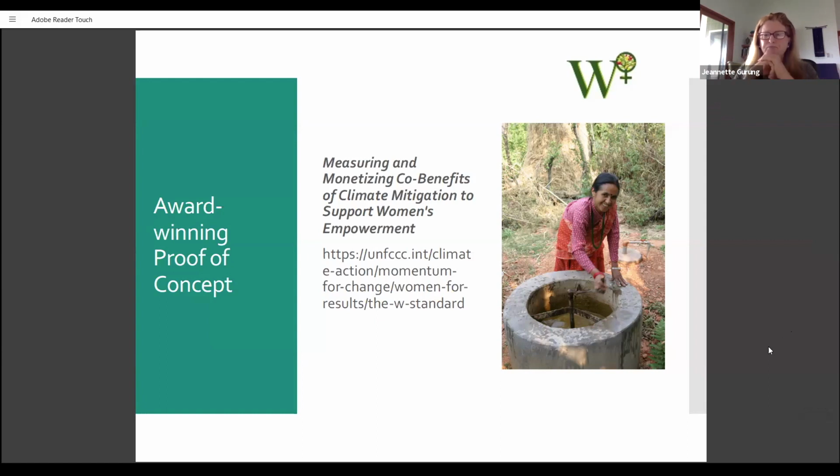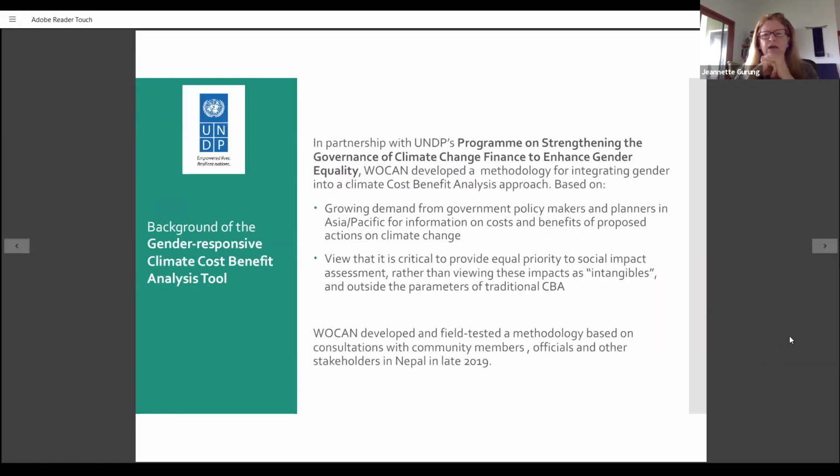Okay, Faye, we will shift now into the tool. This is a tool that WOCAN has been working on with the UNDP office in Bangkok for the last couple of years. And they have this very interesting program on strengthening governance of climate change finance to enhance gender equality.